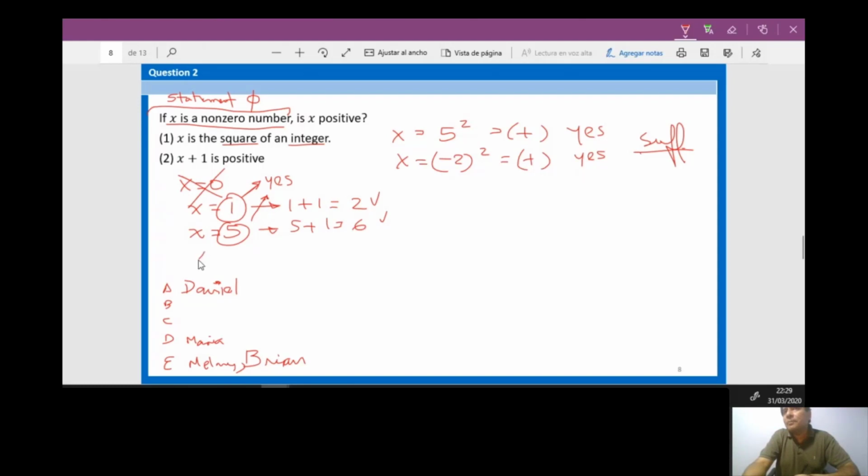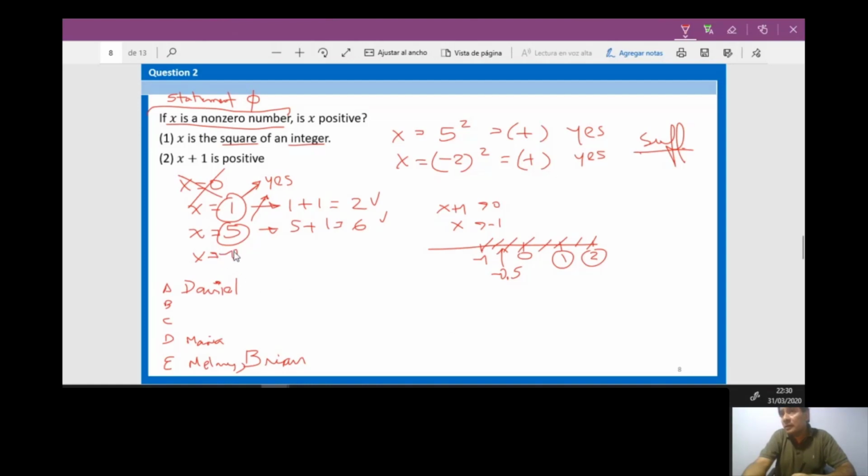So, what values are possible for x that change the answer to this question? Now, take a look. Saying that x plus 1 is positive is equivalent to saying that x is greater than negative 1. If you visualize that on a number line, x could have all of these values. It can have values such as 1 and 2, but it may also have values such as negative 0.5, which is greater than negative 1.